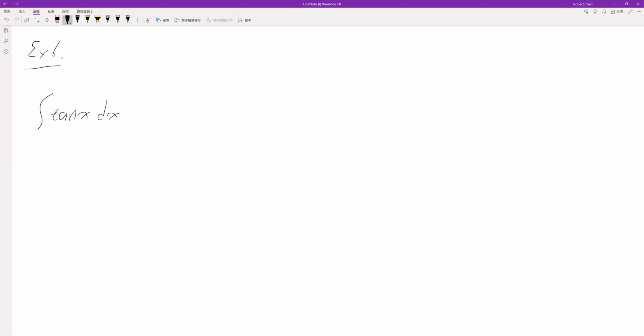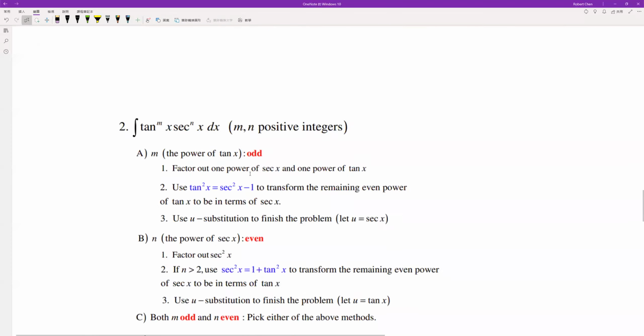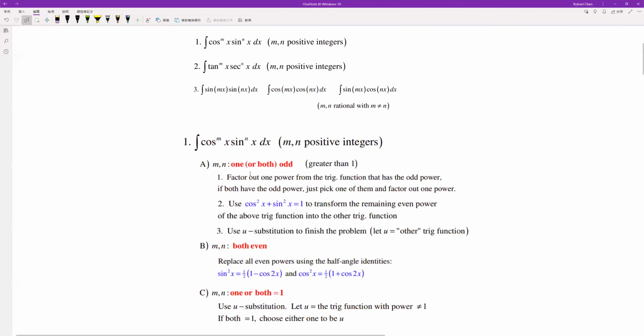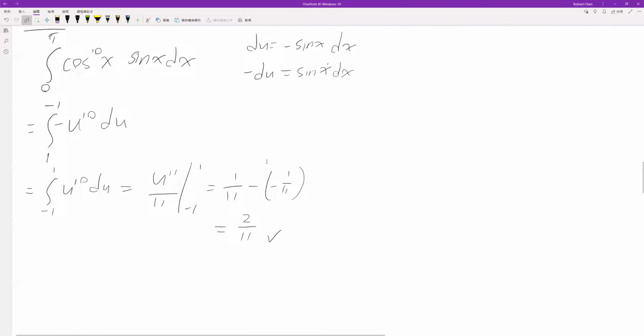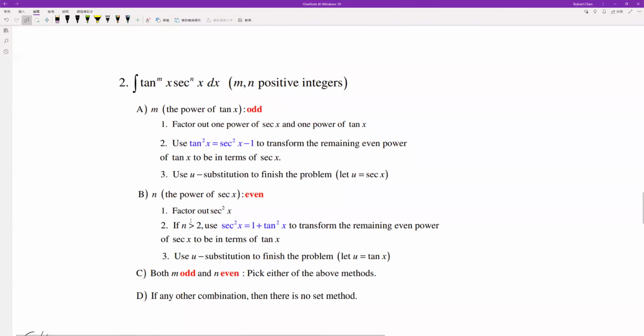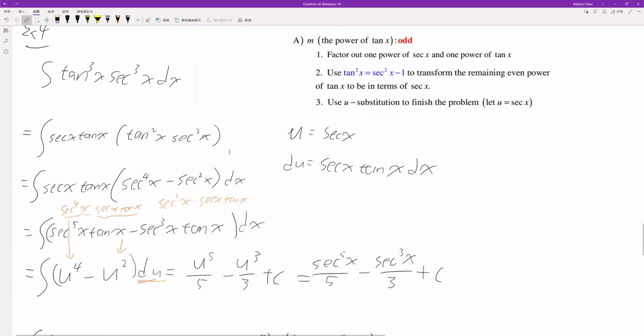If you look at the beginning, we're looking at just tangent to the 1st power, right? So let's see. In the very beginning, where we have all the forms, the second one we have tangent and secant. So it actually doesn't give us any specific power, power of 1, right? It's not going to work, because they both require the trig sub, which means one of them has to have a power of square.